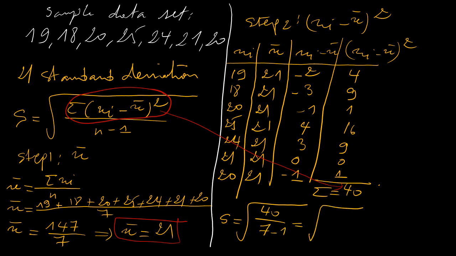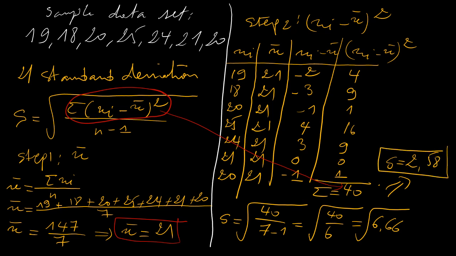So it is the square root of 40 divided by 6, which is the square root of 6.66. So here our standard deviation is equal to 2.58. This is our standard deviation.